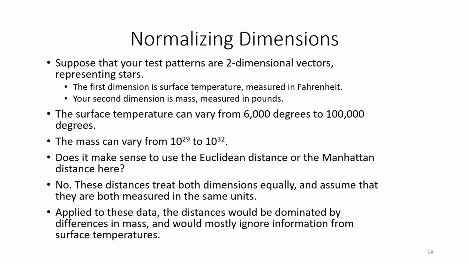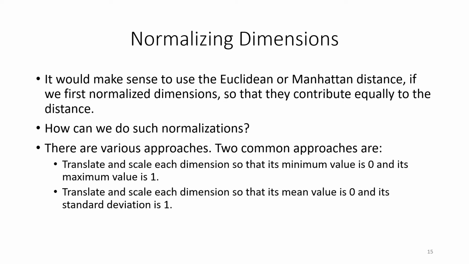That's true, because the value of mass is far higher than the value of surface temperature. So obviously the distance in the mass dimension will dominate over the distance in surface temperature, which means that we are giving more importance to mass than surface temperature. So it's very necessary to normalize your data.